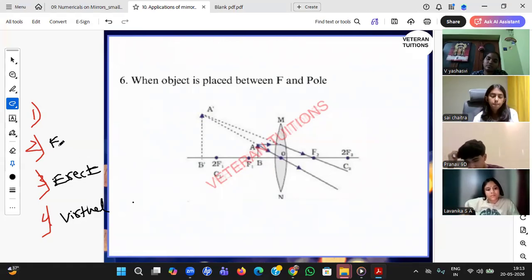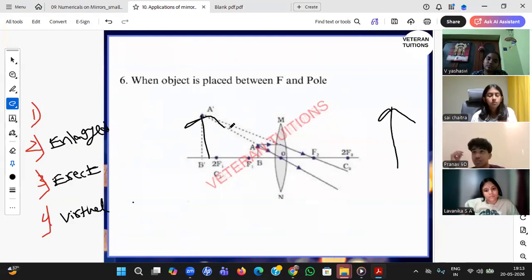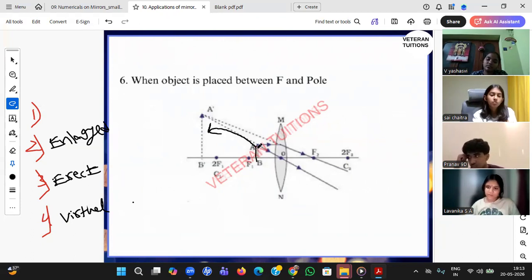Next, they will be enlarged. Obviously, we can see that. And where is the image formed? Behind the mirror, behind the lens. Here also behind. So here we will take behind the object. You see, the object is here. Your image is behind the object.